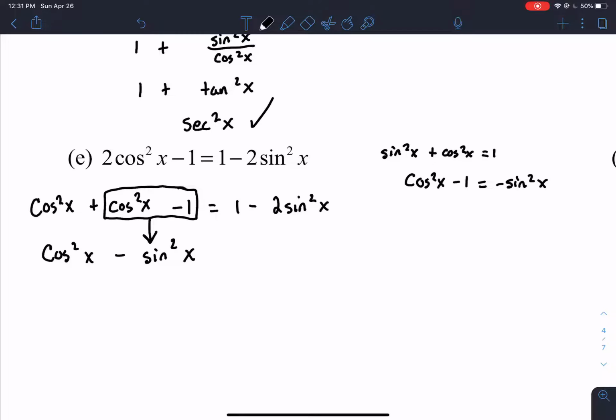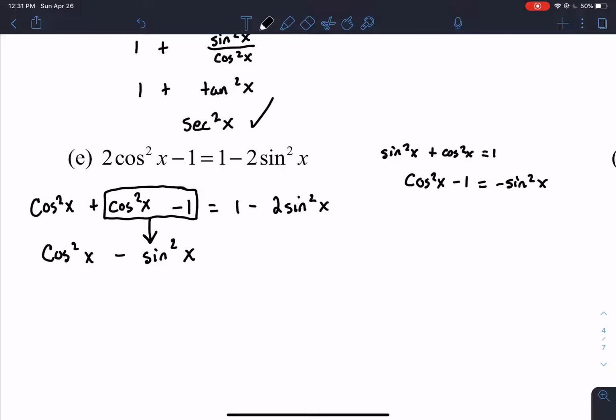Okay, so how else can we get, all right, so we have one negative sine squared, right? We need another one. Okay. Now again, if you go back to your Pythagorean identity, right? If you look at the first one, okay, what happens if you solve that for cosine squared?